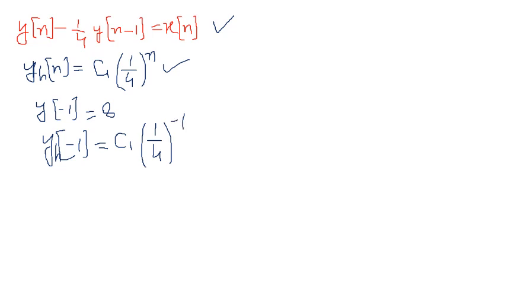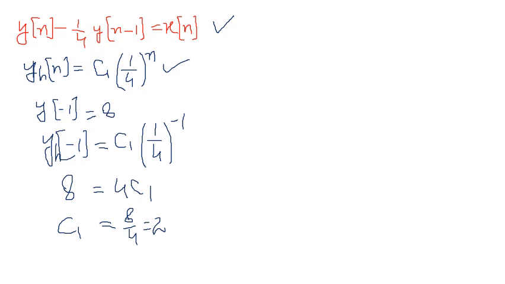So this is equal to 8. 1 by 4 power minus 1 means 4. So this is equal to 4 c1. That means c1 basically equals 8 divided by 4, which results into 2.